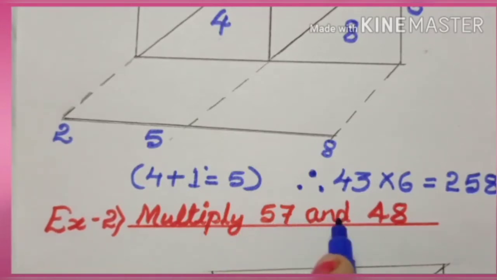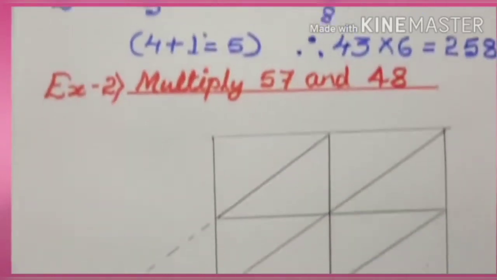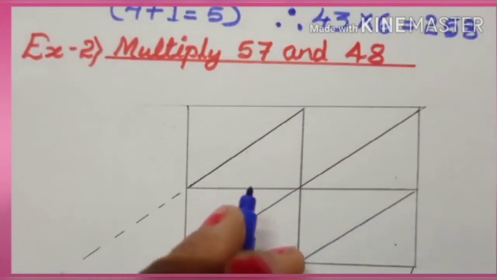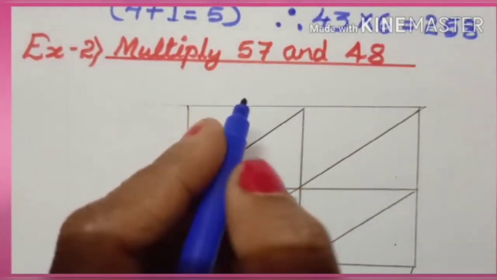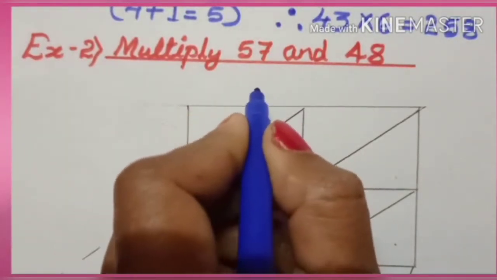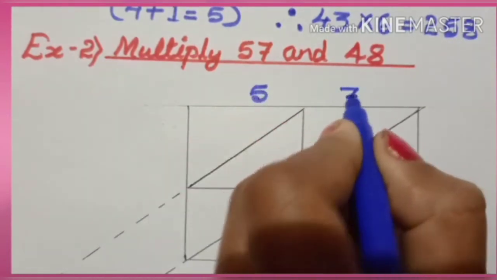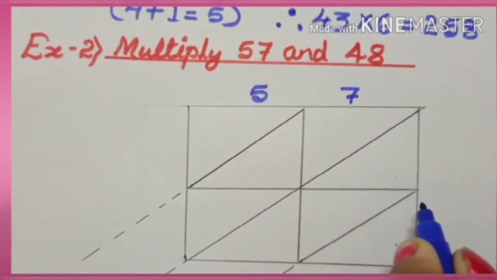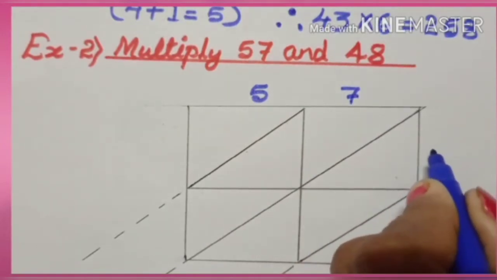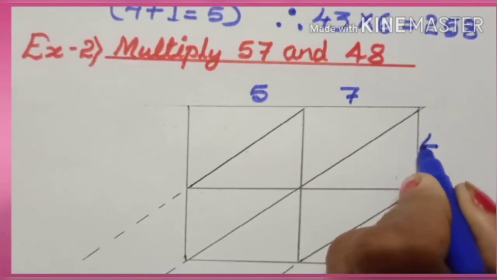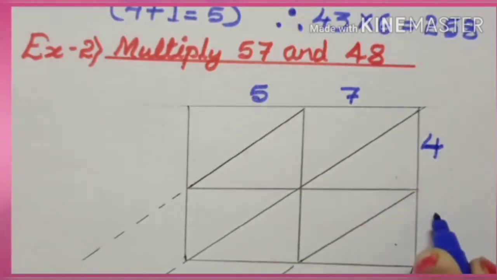Multiply 57 and 48. First of all, draw the box and write the multiplicand above the box, 57, and write the multiplier on the right side of the box, 48.